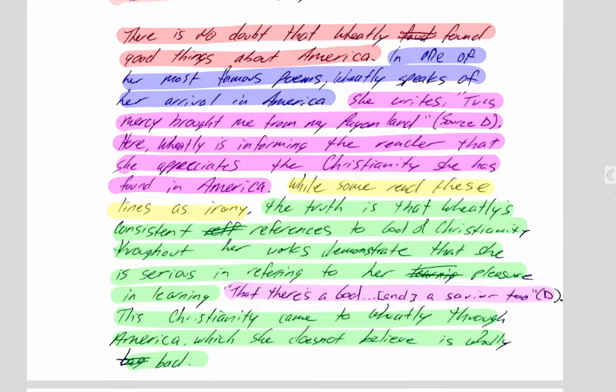The truth is that Wheatley's consistent references to God and Christianity throughout her works demonstrate that she is serious in referring to her pleasure in learning that there's a God and a Savior too. I bring in source D again. So right there: claim, quote, analysis, quote, analysis.